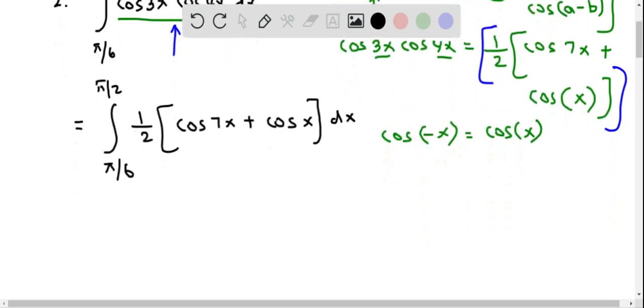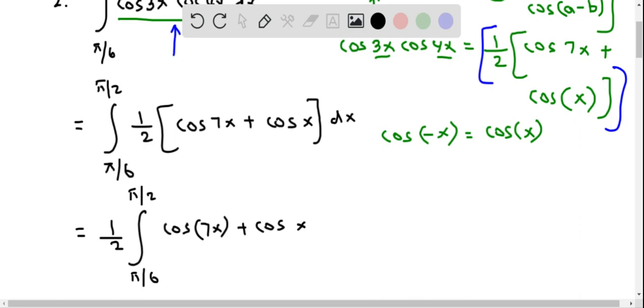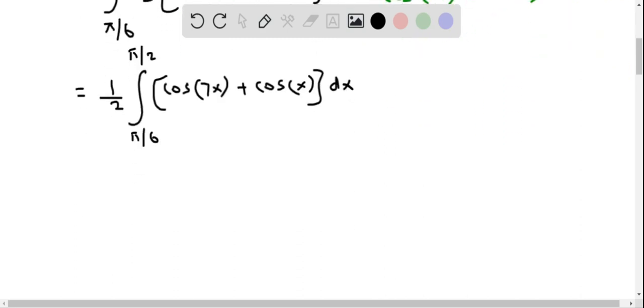Now in the next step, we can factor the half from the inside of the integral, so we put it in front of the integral. So it gets multiplied with 1 by 2 of the definite integral from pi by 6 to pi by 2 of the expression cosine of 7x plus cosine of x dx. Now we should find the antiderivative of cosine 7x and cosine x and then apply the limits.